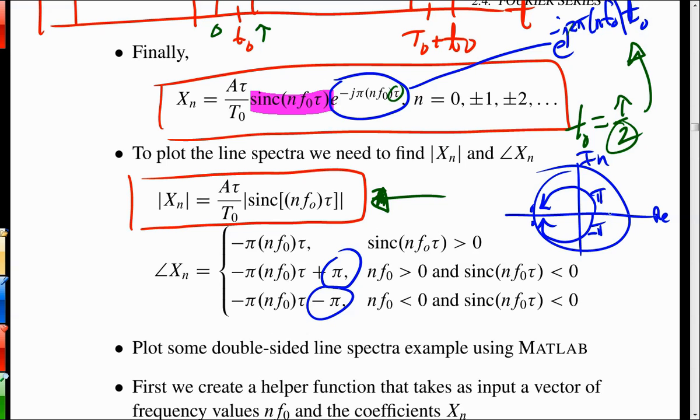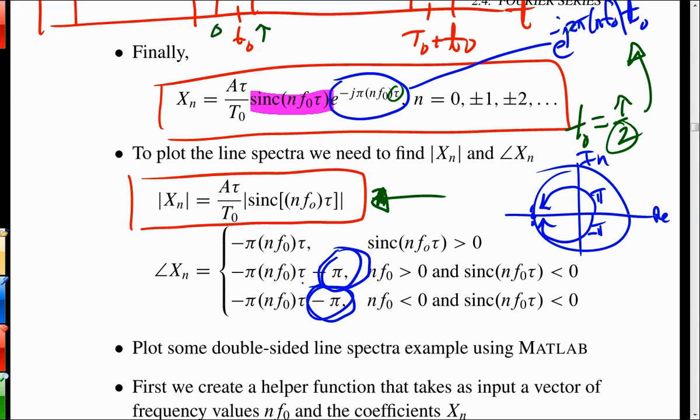But on the sinc function, if the sinc is a negative value, it's like taking on a real number value sitting over in here, and you would write it as the positive number times an e to the j plus or minus pi. So that's what I've got circled right in here. These plus and minus pi's come from the sign changes on the sinc function, and I can just take my choice. I decided to plot it to make it look prettier, basically.